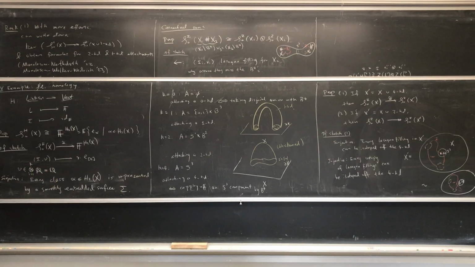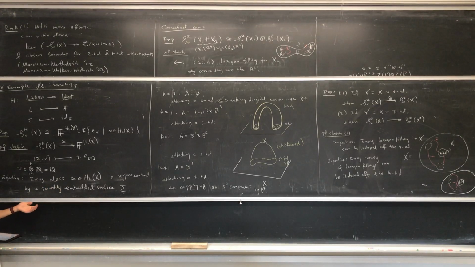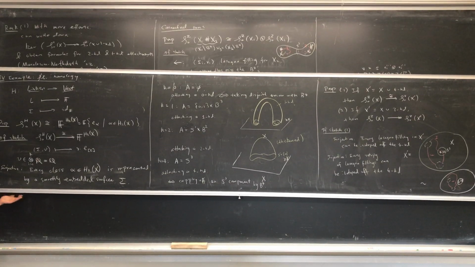There are several ways to see this. For example, you can take a line bundle whose first Chern class is Poincaré dual to this class alpha and take a generic section. Then the zero set will be a smooth surface representing alpha.